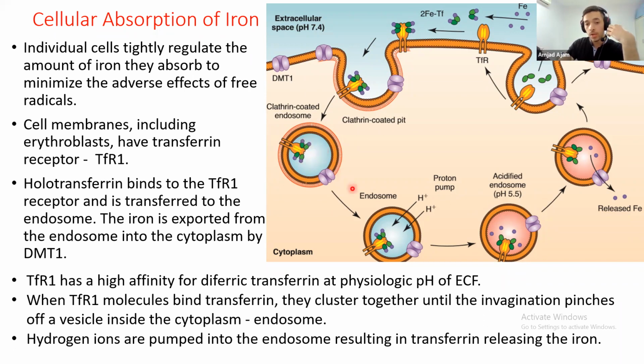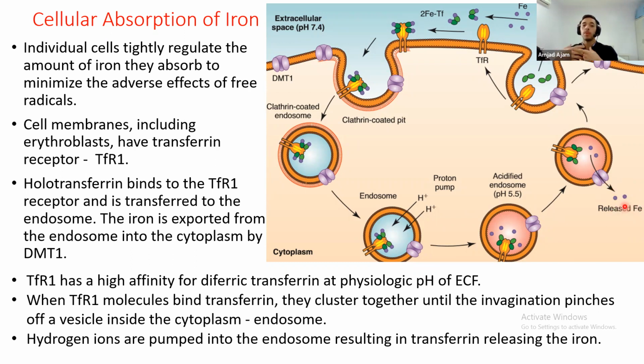Now the hydrogen ions will be pumped into the endosome. Now the iron will be separated from the transferrin. So iron is released from transferrin, and therefore iron can now be released by DMT1 into the cytoplasm.